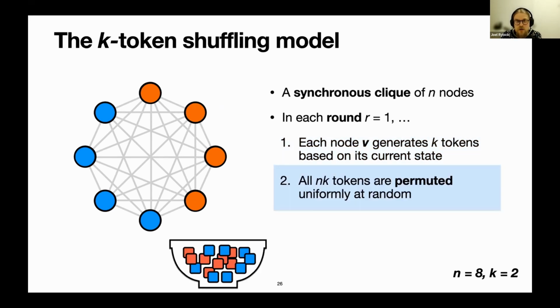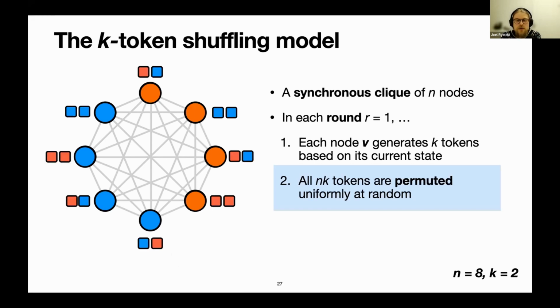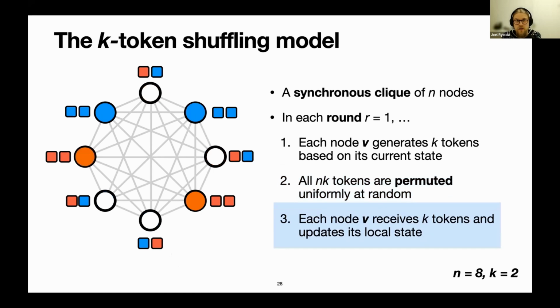After this, the tokens are shuffled and distributed back to the nodes so that every node gets exactly K tokens. In other words, we permute the tokens uniformly at random. Finally, each node updates its local state according to its current state and the tokens it receives. So it can look at its current state and what kind of tokens it got.